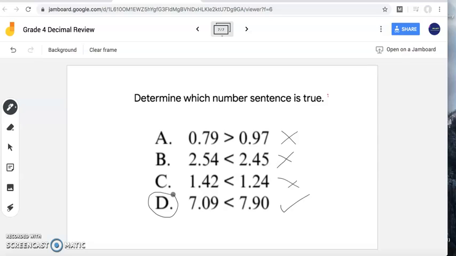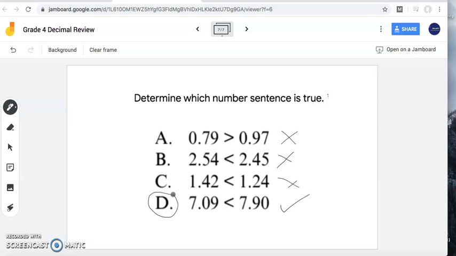Now, you might see problems today that have boxes, and as you all know, boxes means you're going to have more than one answer. So you might see 6 number sentences, and it might say choose 2 correct answers. That means it's a box question, which means you are going to be selecting 2 answer choices for your final answer.